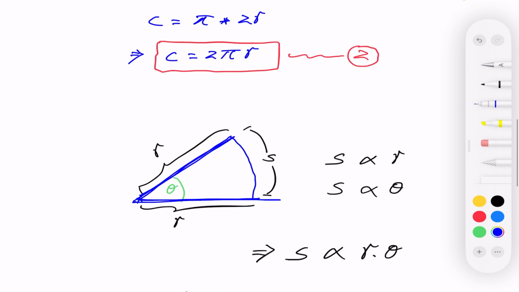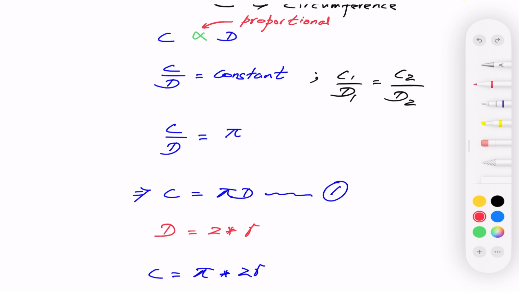In fact, when we defined pi, we defined it as the ratio between circumference and the diameter. So if you measure the circumference using feet, if you measure the diameter also using feet, feet and feet will be cancelled when you take the ratio between the circumference and the diameter.